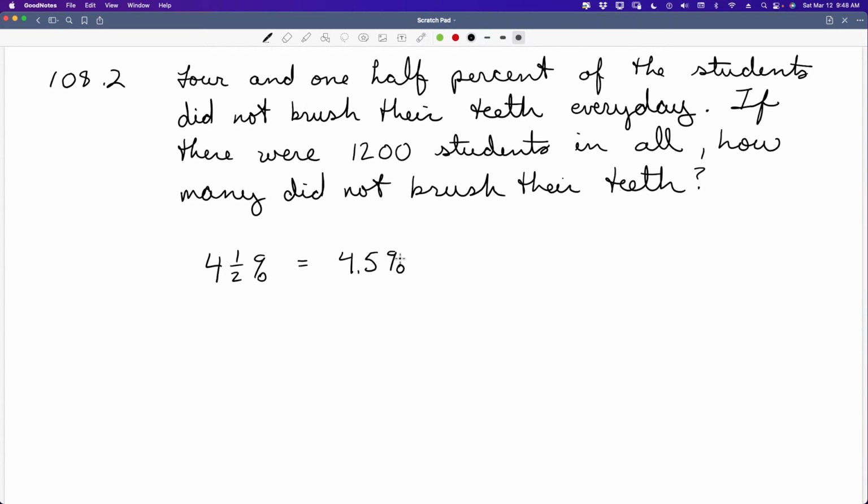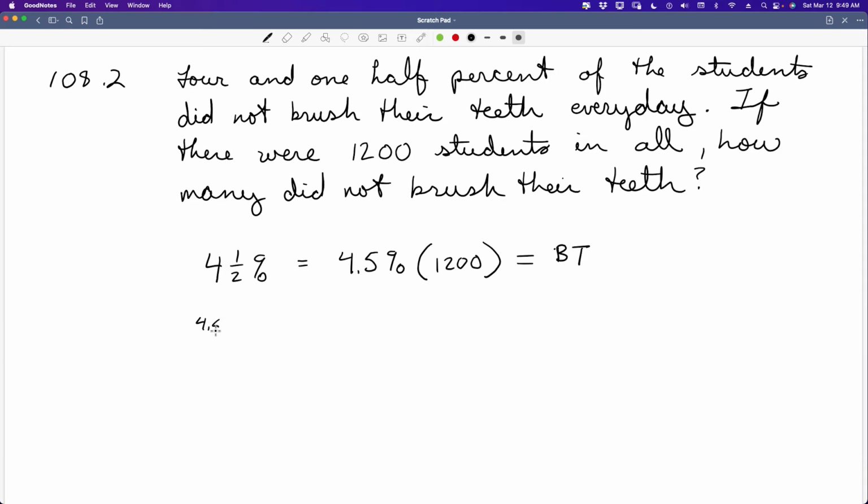So what we have to do is turn this into a decimal so we can multiply. So that would be 4.5% times 1,200 would equal the number that did not brush their teeth. Okay, so we'll put a BT here for bad teeth. They have bad teeth.